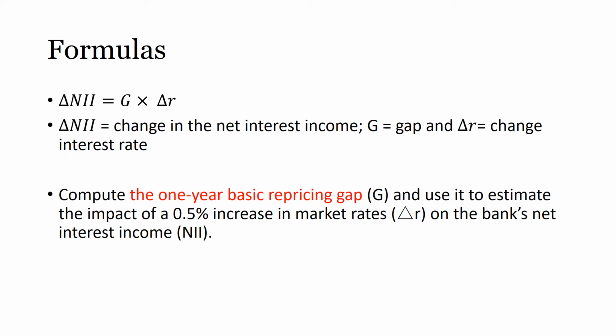The first one, to answer the first question, is simply that the change, so this triangle here means the change in the net interest income, is equal to the gap times the change in the interest rate. Now, this is the wording of the question. And the change in the interest rate is given to you in the question.